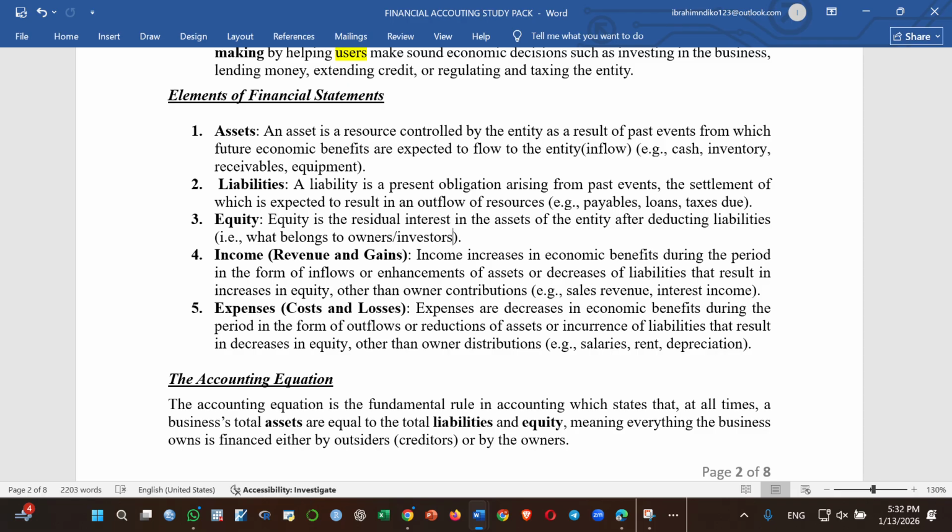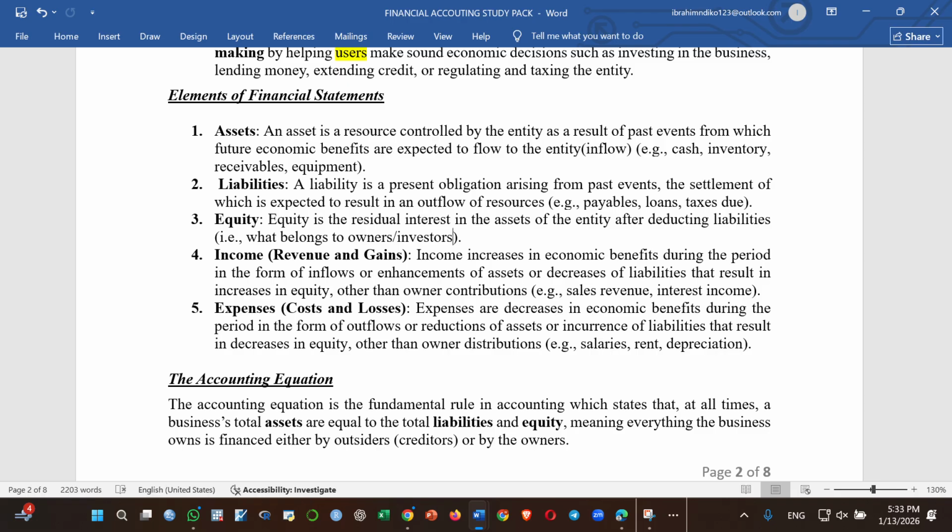Then you have the revenue and the gains. Now revenue and gains. So income increases in the economic benefit during the period in form of an inflow or enhancement of an asset, or decrease of liability that results in increase in equity other than the owner's contribution.